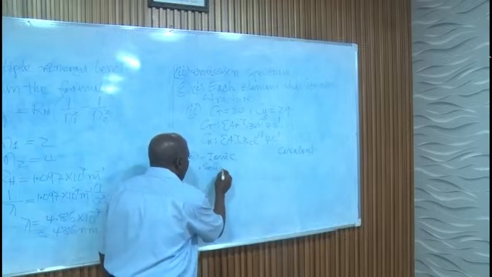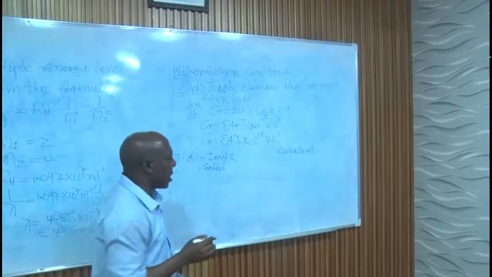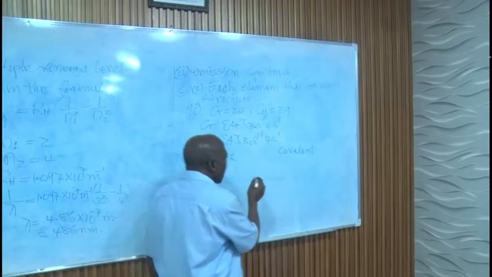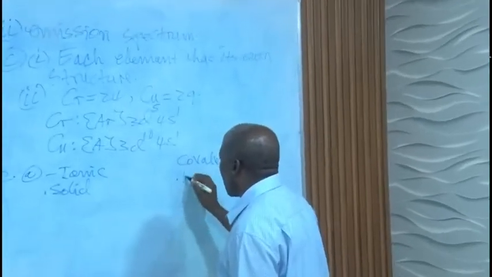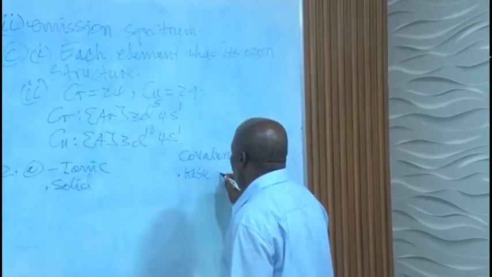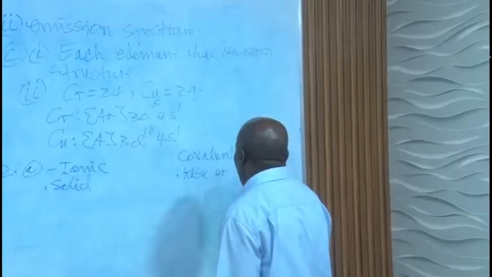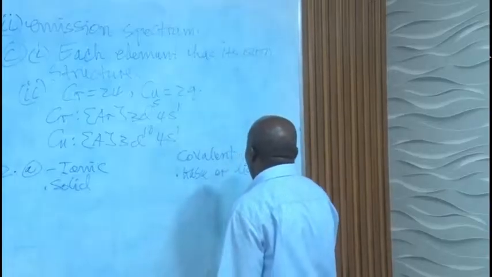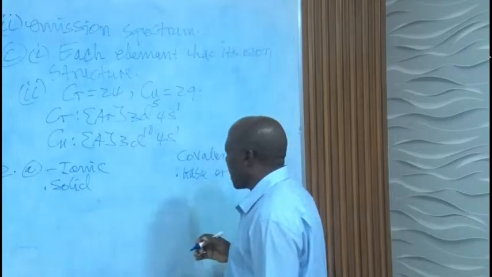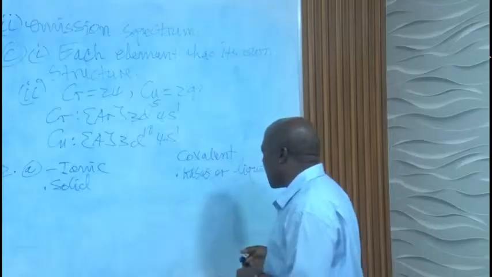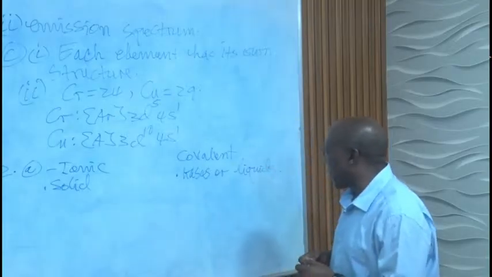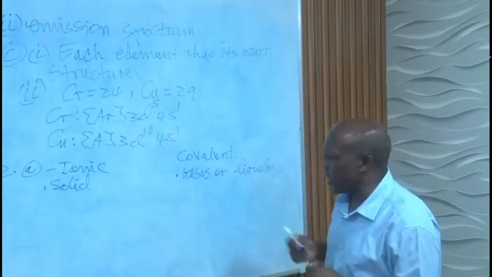They generally exist as solids at room temperature, while covalent compounds are essentially gases or liquids at room temperature. They exist in a solid, liquid, or gaseous form at room temperature.